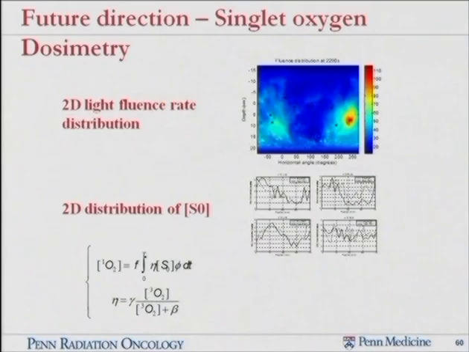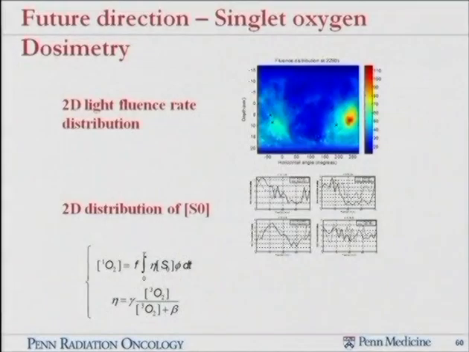Okay, this is a product of sensitizer concentration and the light fluence over time, modulated by the singlet oxygen quantum yield. This quantity is the one that forces us to do calculation, because the oxygenation itself is a quantity we cannot determine using any existing method. So we have to calculate the oxygen as a function of time. If you put that quantity in, then you can determine this singlet oxygen.